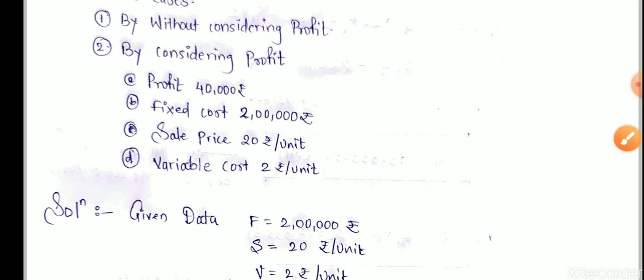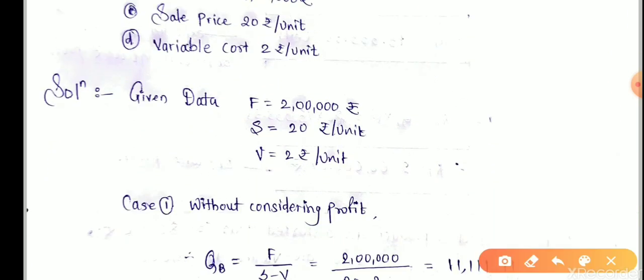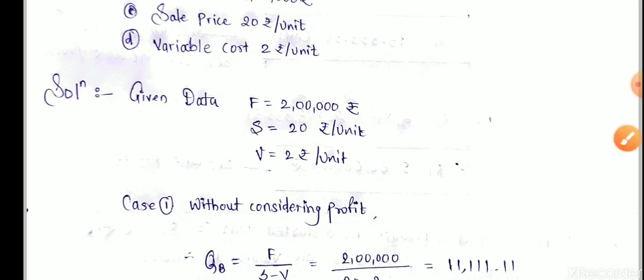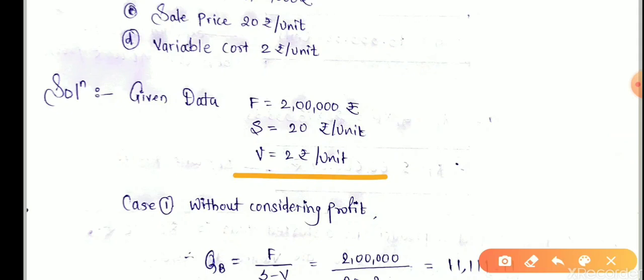data. Now, given data is F, the fixed cost, that is 2 lakh rupees. S is the selling price, that is 20 rupees per unit, that is one unit is sold at 20 rupees per unit, and variable cost V is 2 rupees per unit, that is one product is manufactured or purchased for 2 rupees per unit.